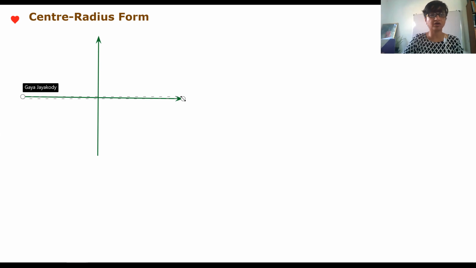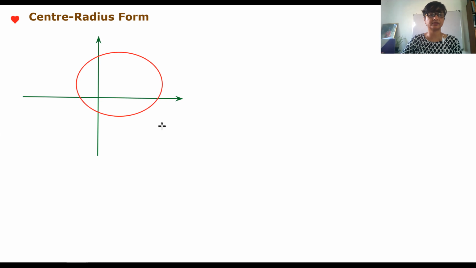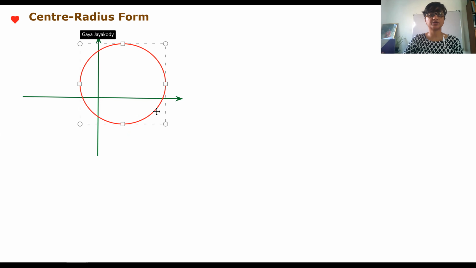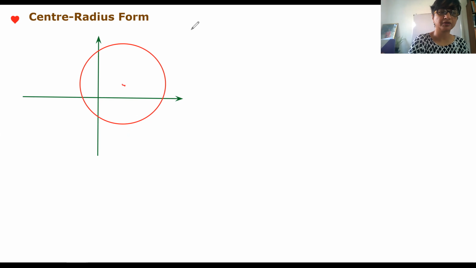So let's first draw this. Let me draw the circle in a different color. Say I have a circle like that. I want to move it a bit, say it's right here. So the center is right here, put a dot there, that's the center. And then let me mark the radius in a different color.